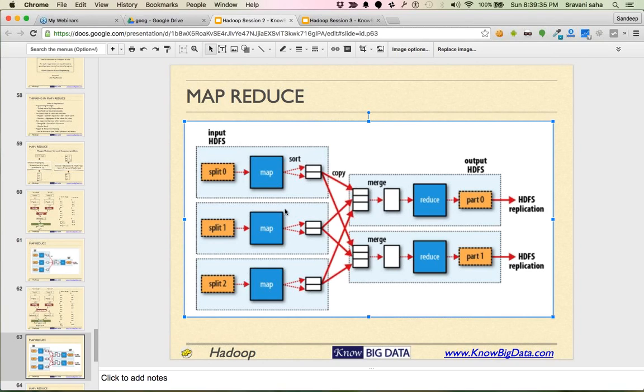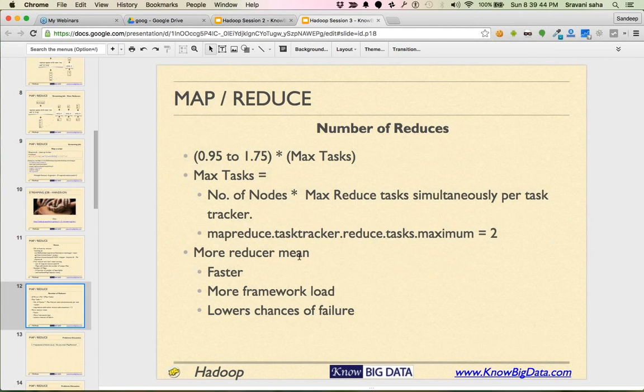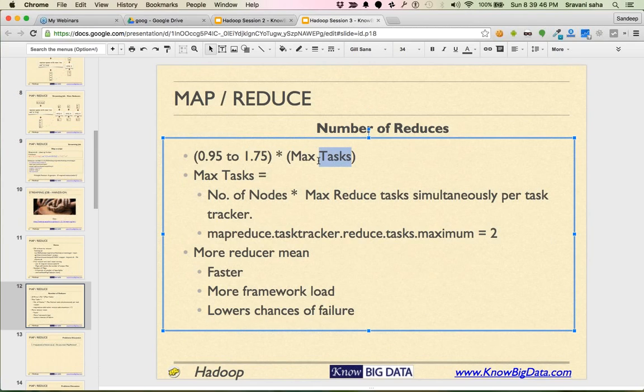If you have three reduce tasks and three map tasks, the total number of transfers would be 3 into 3. Therefore, as we increase the number of tasks, the framework load increases.